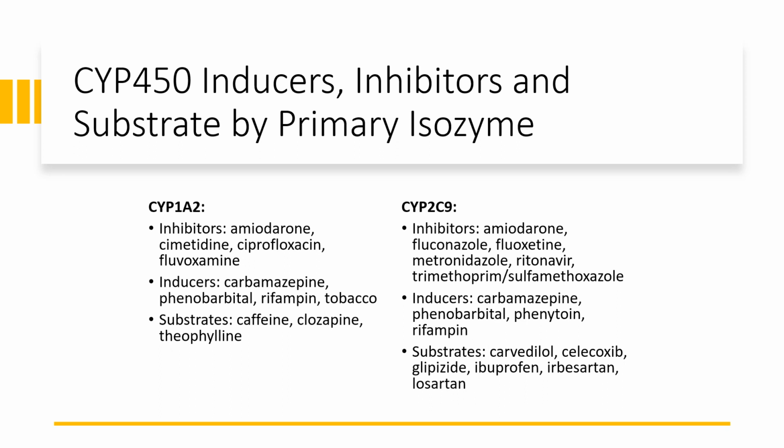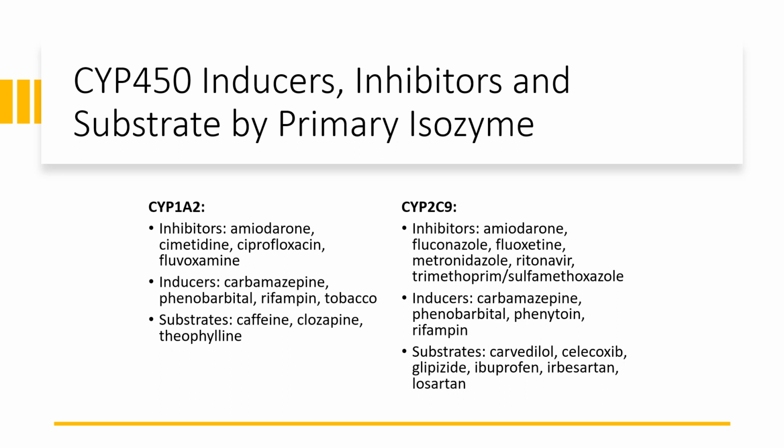So if the patient is taking amiodarone and caffeine at the same time, the amiodarone will inhibit the activity of the CYP1A2, therefore leading to an increased amount of caffeine in the body because the enzyme is inhibited. There is less metabolism. On the other side, if a patient is taking carbamazepine and clozapine, the carbamazepine will induce enzyme activity, thus increasing the metabolism of clozapine, which is the substrate. Therefore, you will have less clozapine in the body.